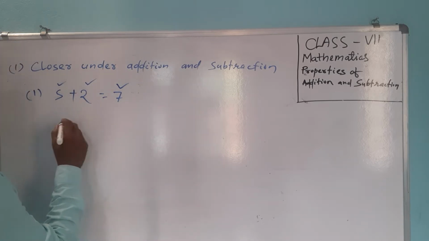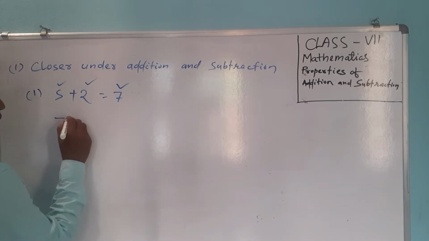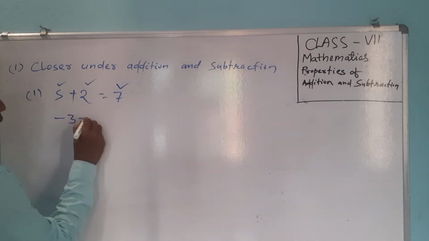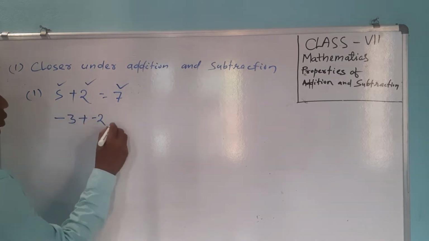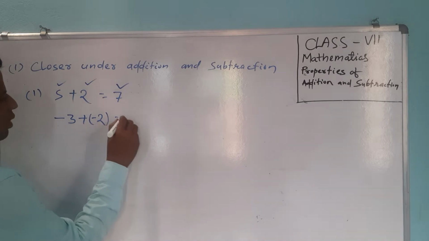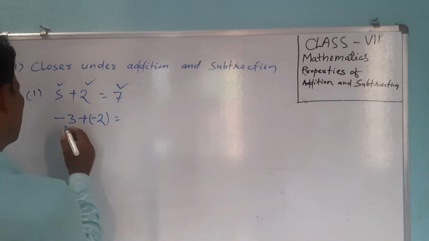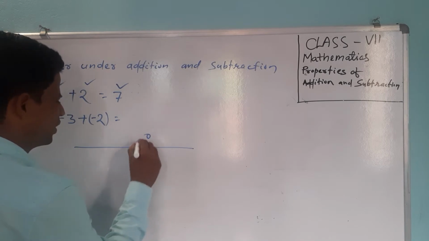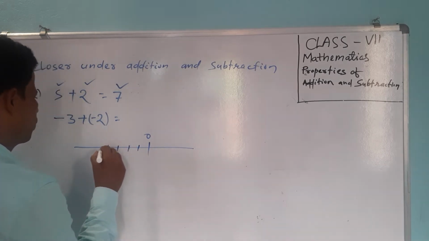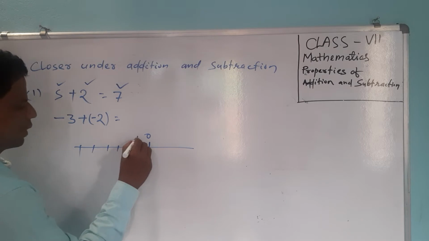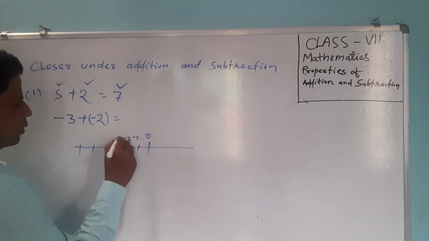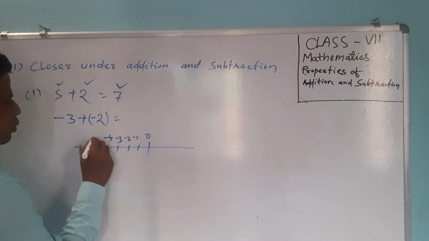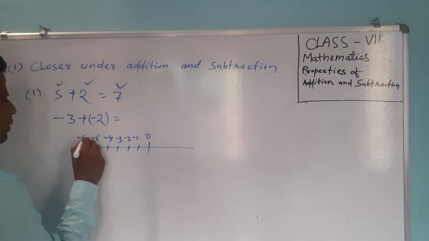Suppose I take some negative numbers, like -3 plus -2 is equal to how much? We know, if I draw a number line, here is 0, 1, 2, 3, 4, 5, 6, and -1, -2, -3, -4, -5, -6.